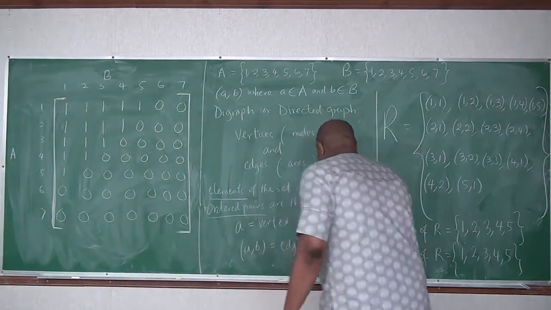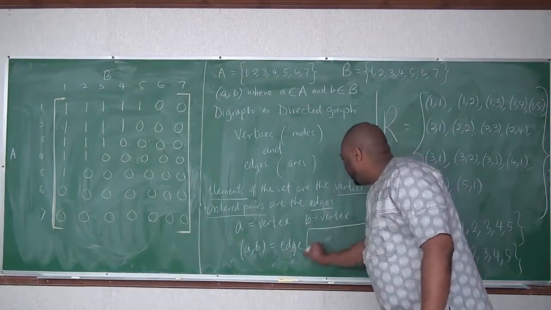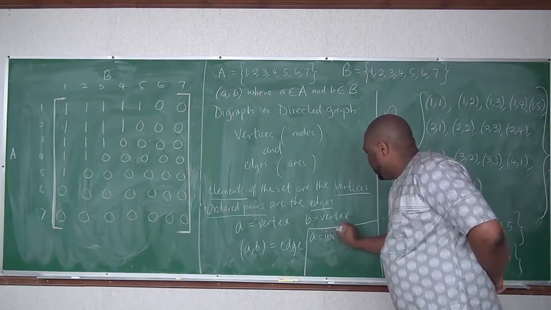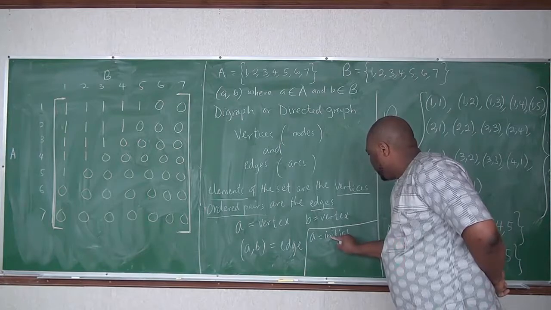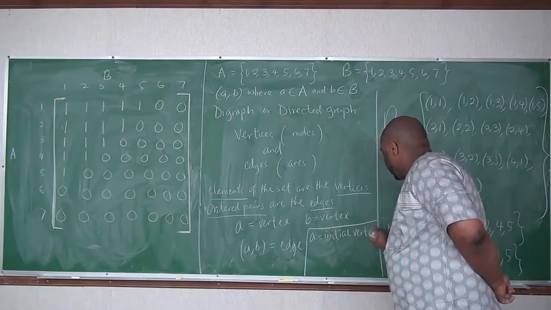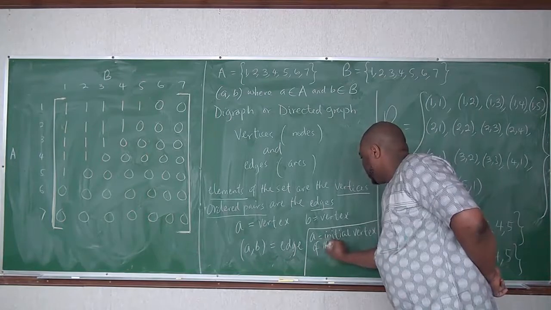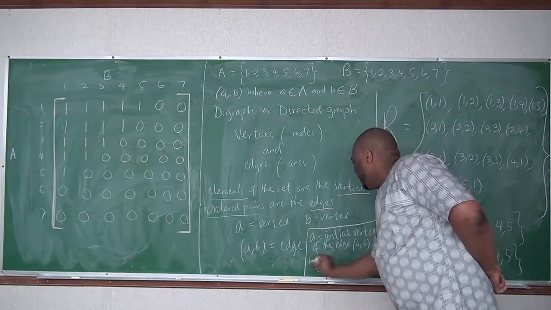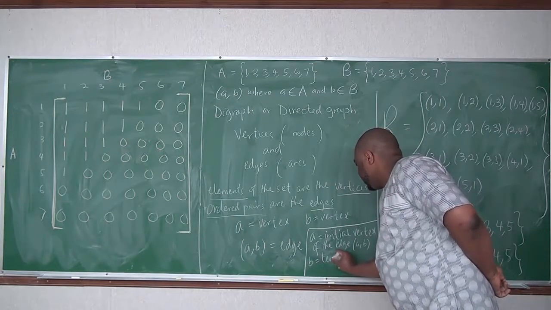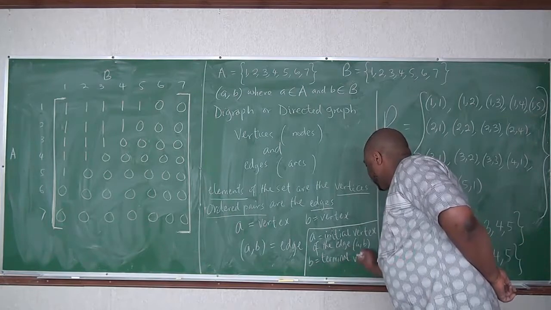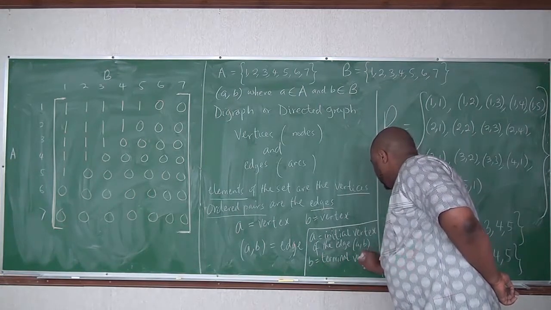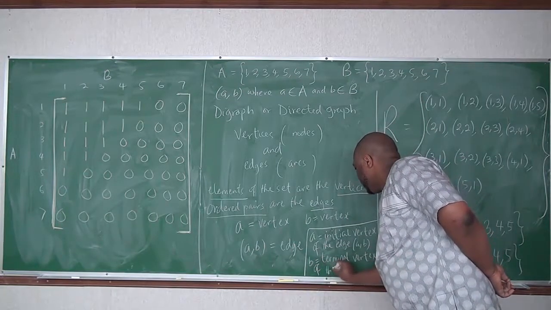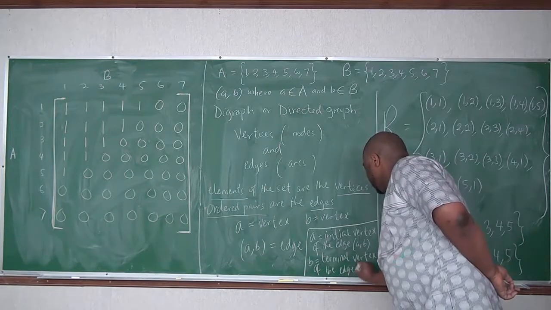So if we bring this further down in AB, A is the initial vertex of the edge AB, and B is the terminal vertex of the edge (A, B).